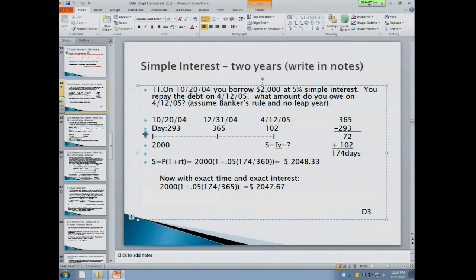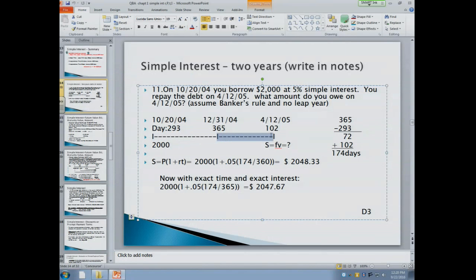The first thing you want to do is find the number of days in 2004. Since we had 365 days and we started at 293, we subtract 365 minus 293. So we were accumulating interest for 72 days in 2004.